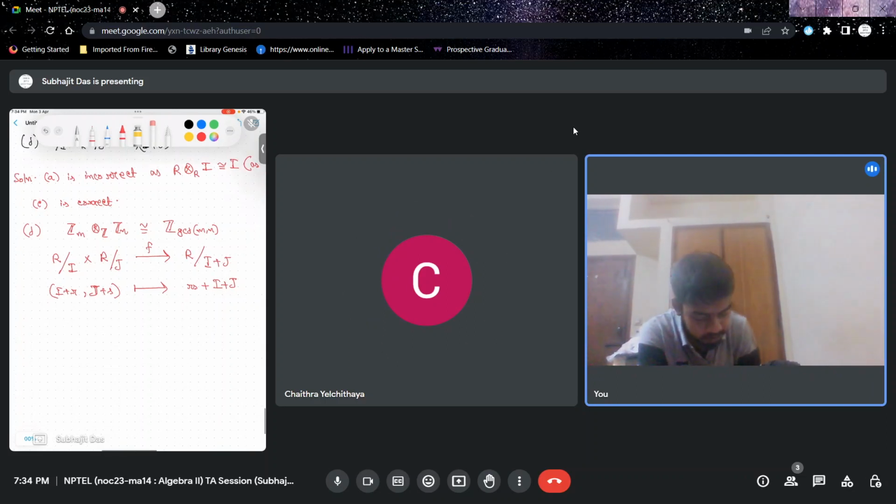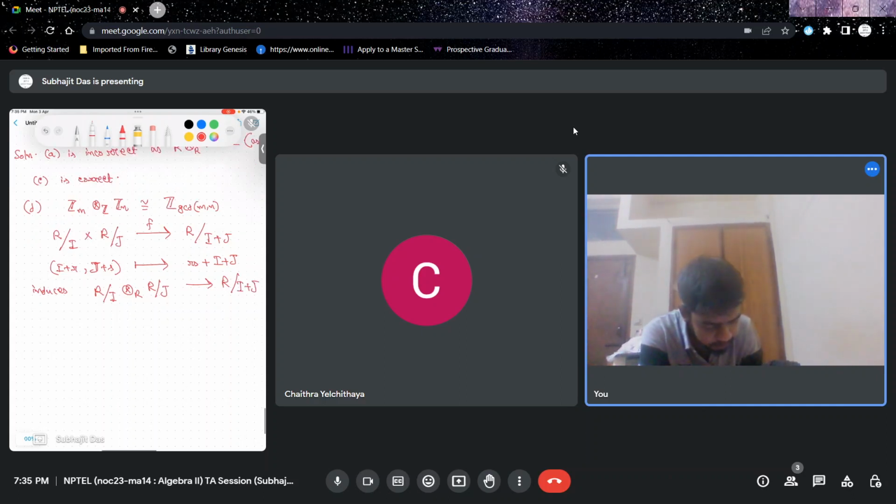So yes, this is R bilinear, and it induces a map from R mod I tensored over R with R mod J into R mod I plus J. Let's call this map f hat. It maps any elementary tensor (I plus little r) tensored with (J plus little s) onto rs plus I plus J.